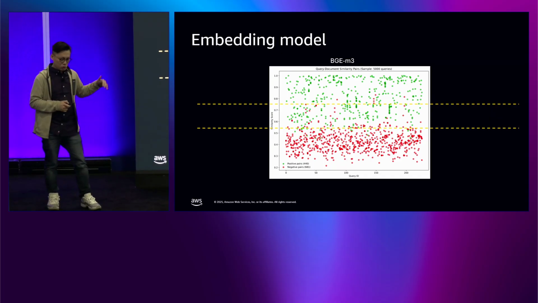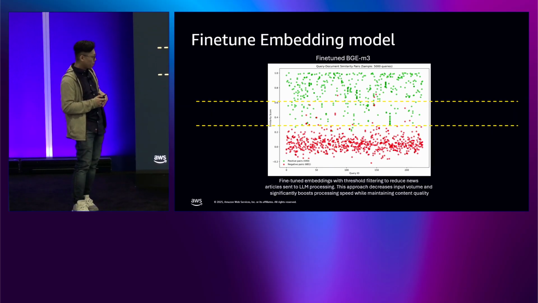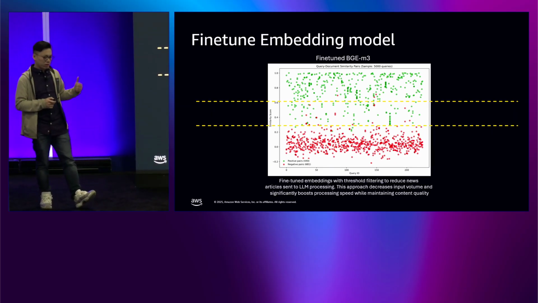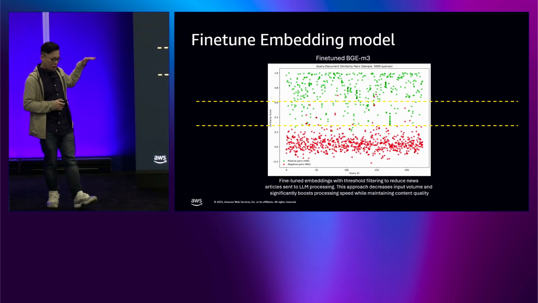So we need better fine-tuning to get a better understanding. This is after fine-tuning BGE-M3 on thousands of labeled crypto news pairs. You see now the green dots and the red dots are separated much more. The muddy middle is already gone.